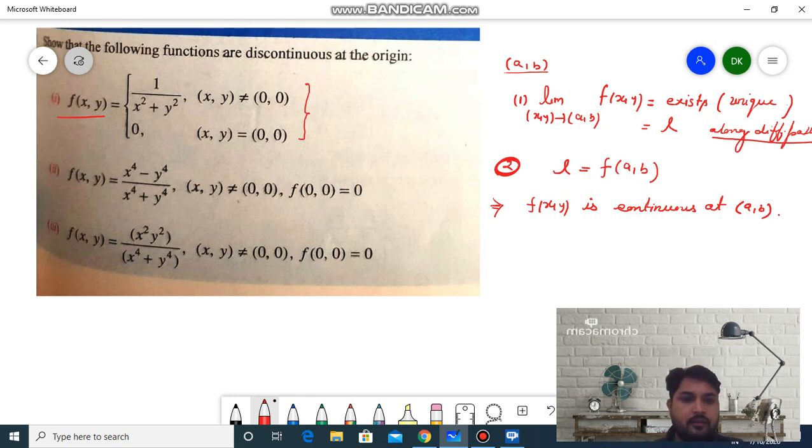If any one of these conditions is not satisfied, then we say the function is discontinuous.